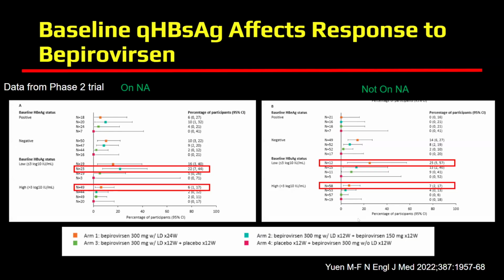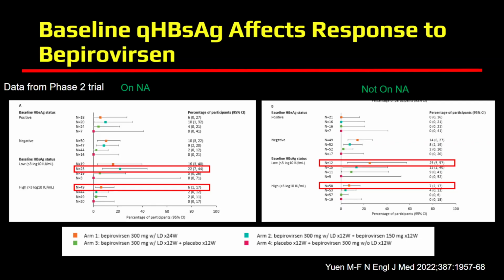So I'd like to use bepirovirsen as an example to illustrate the point. This is data from the phase 2 trial demonstrating that baseline surface antigen level has a significant impact on response to antisense oligonucleotides. Among patients receiving bepirovirsen, whether they were on background nucleoside analog treatment or not, higher levels of surface antigen were associated with a lower response rate to bepirovirsen.